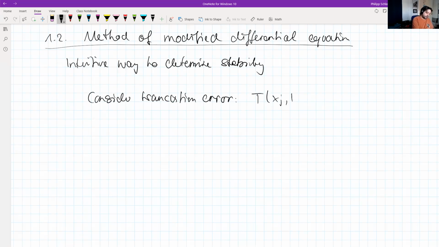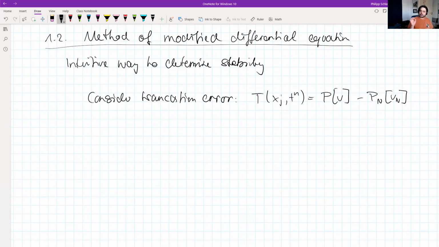So it was located at x_j and t^n, and this was the difference between the exact PDE minus the discretized PDE, something like this.